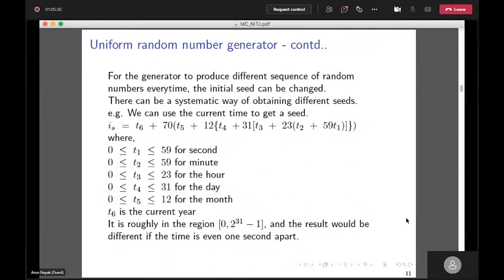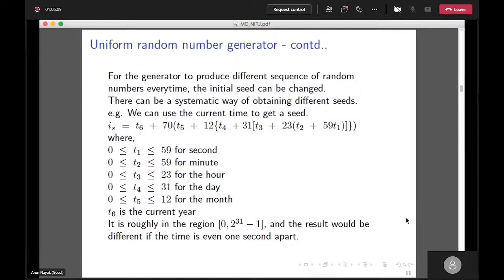In some cases you may want to have a different sequence of random numbers. Say, for example, you are trying to produce a large set of samples, but you cannot run your computer for one month continuously. Sometimes power failure happens, your computer might die and so on. So you would like to have a large set of events or some simulation, but you want to produce it in different sets, and you don't want to repeat them.